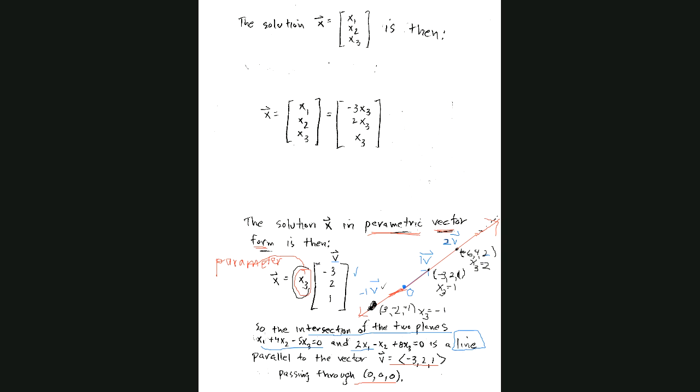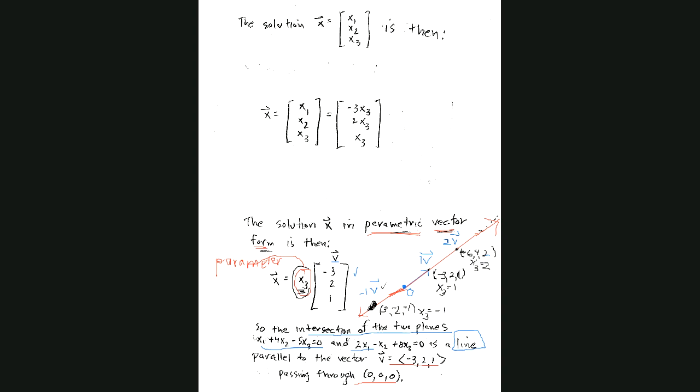You generate that line by taking different values of your free variable, letting x3 take different values. I chose some easy ones: x3 equals 1, x3 equals 2, x3 equals -1. When I do that, I'm getting multiples of my vector v.